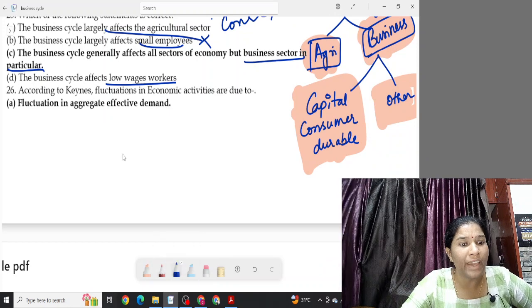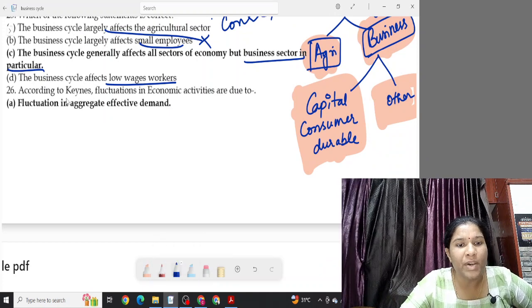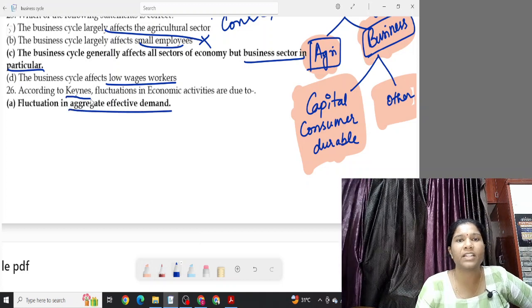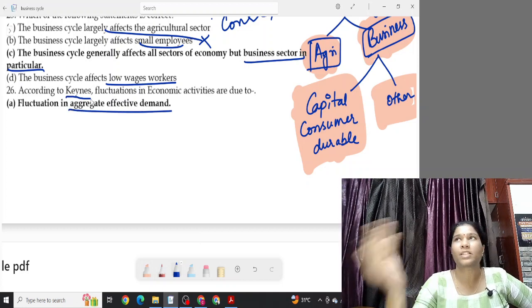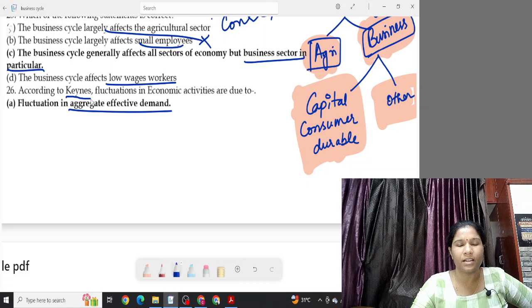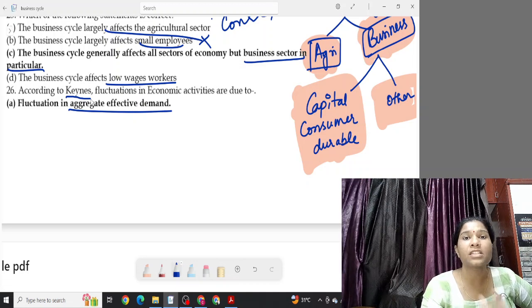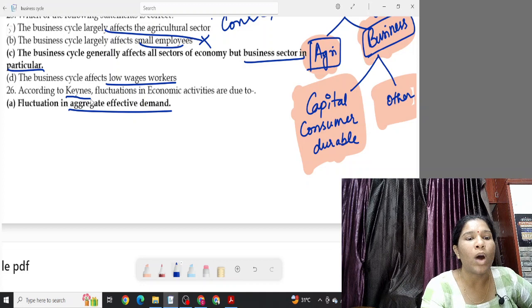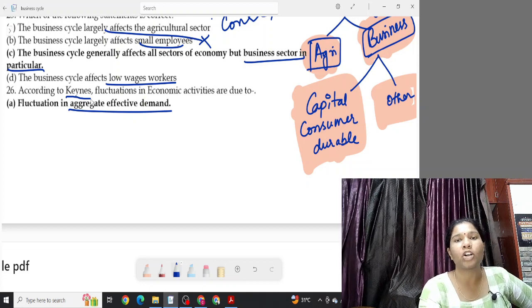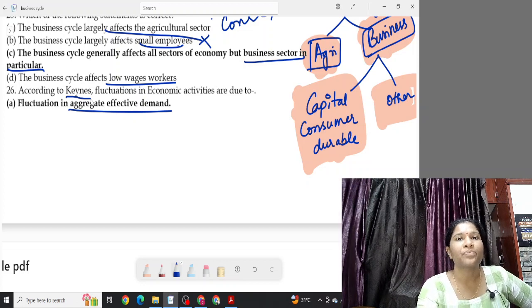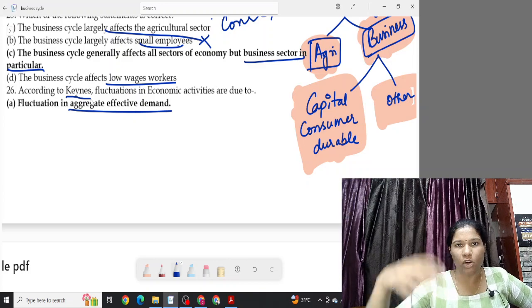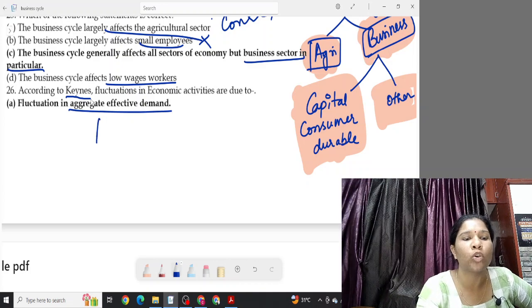Next one, according to Keynes, fluctuations in economic activities are due to what? Effective demand. If demand is more, it leads to expansion. When demand is less, it leads to contraction. This is what Keynes believed. So aggregate effective demand causes fluctuation in the business cycle, as believed by Keynes.